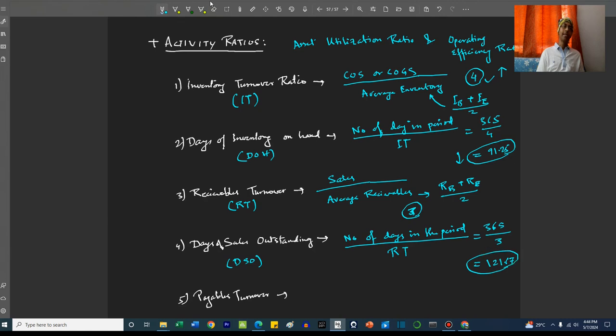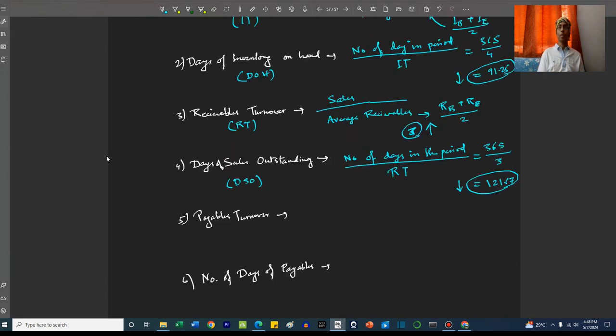This means that over the period, whatever sales are made, 121.67 days of sales are outstanding in terms of payments. So generally, the lower this number is, the better it is. Inversely, the higher the receivables turnover is, the better it is, that is, the receivables is much lesser in proportion to sales.